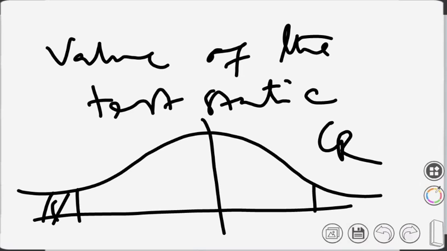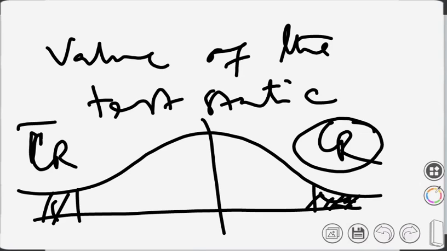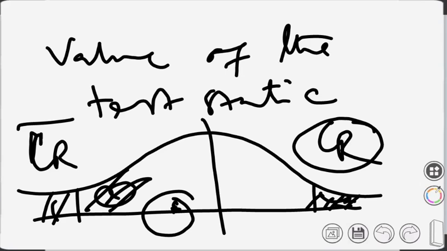Some value we will calculate, and a critical region and an acceptance region will be defined. If the value of the test statistic falls in the acceptance region, we will accept the null hypothesis, and if the value falls in the critical region, we will reject the null hypothesis and accept the alternate hypothesis. So that is the process of testing of hypothesis.